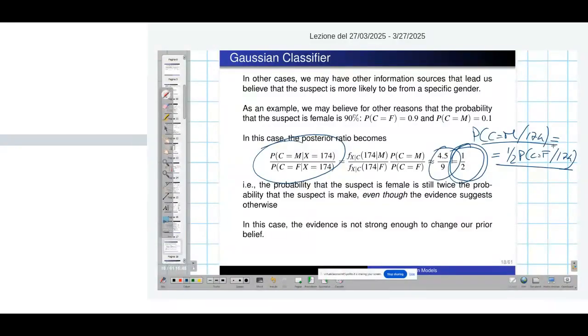So the Gaussian density model gives me a way to estimate class conditional densities. The class conditional densities give me a strength towards one hypothesis. The strength tells me that I'm geared towards the hypothesis that is male. So I need a stronger counter evidence from the prior probability to change my opinion.